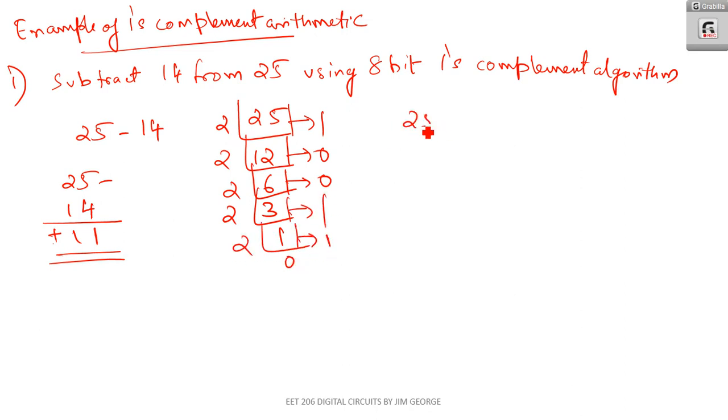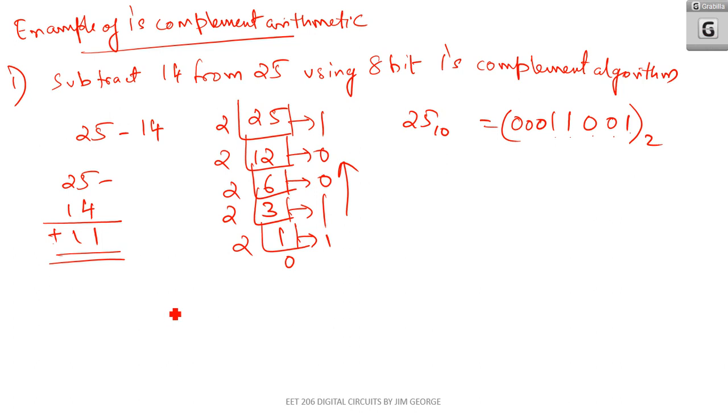Therefore 25 in base 10, reading from bottom to top, is 1 1 0 0 1. How many bits are there? 1 2 3 4 5. So you add 3 zeros to the left side, and the 8-bit representation of 25 is 0 0 0 1 1 0 0 1 in base 2.